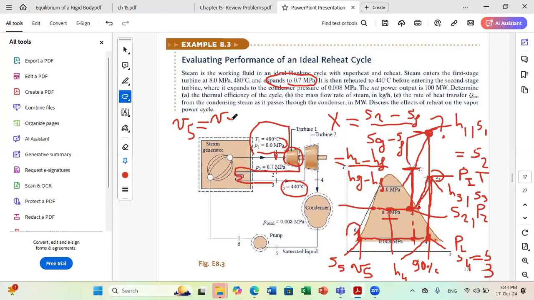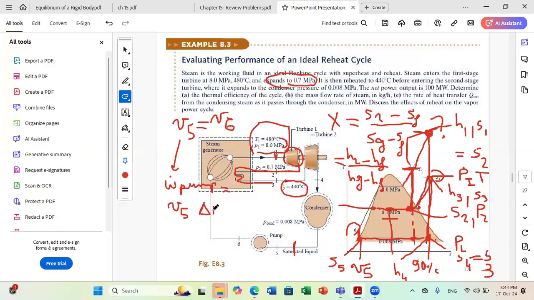And you can use this to determine the work in your pump. W dot pump is equal to V5 times delta P. In the pump, you will pump from the low pressure to the high pressure.